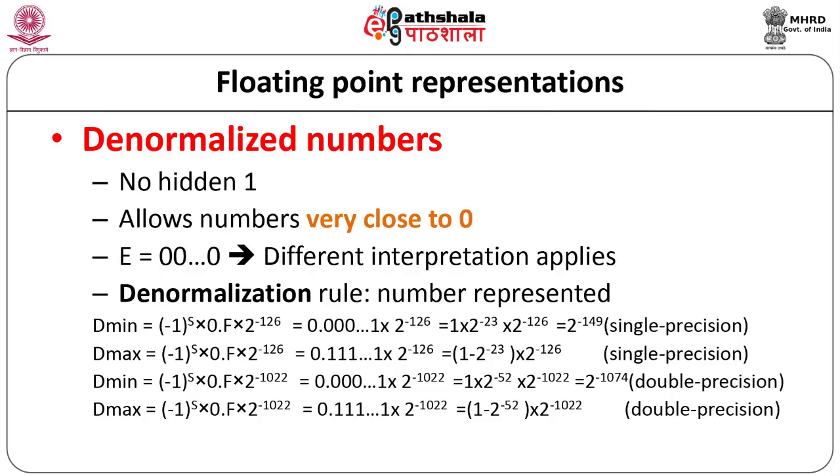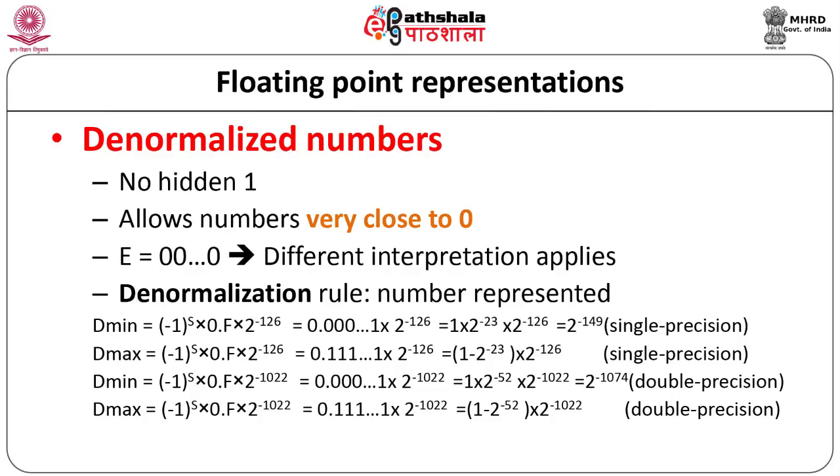In denormalized notation, the floating point has no hidden 1, that is, no implied 1. This allows floating point numbers to define numbers very close to 0. The minimum and maximum denormalized floating point numbers are shown below.